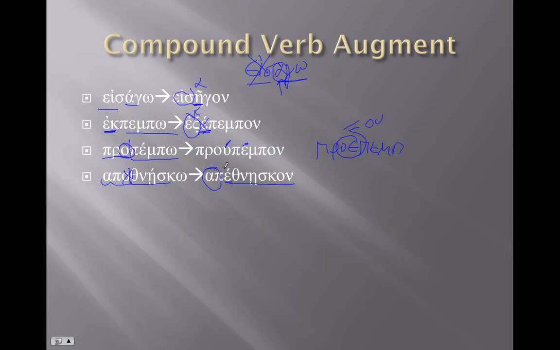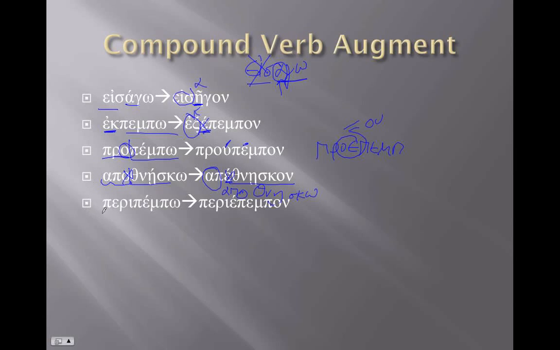So to find the dictionary entry, we have to de-augment the verb. We have ap, that's not a prefix, but apo is, and then apothnesko. So in order to find the verb, you have to really work backwards from the imperfects.